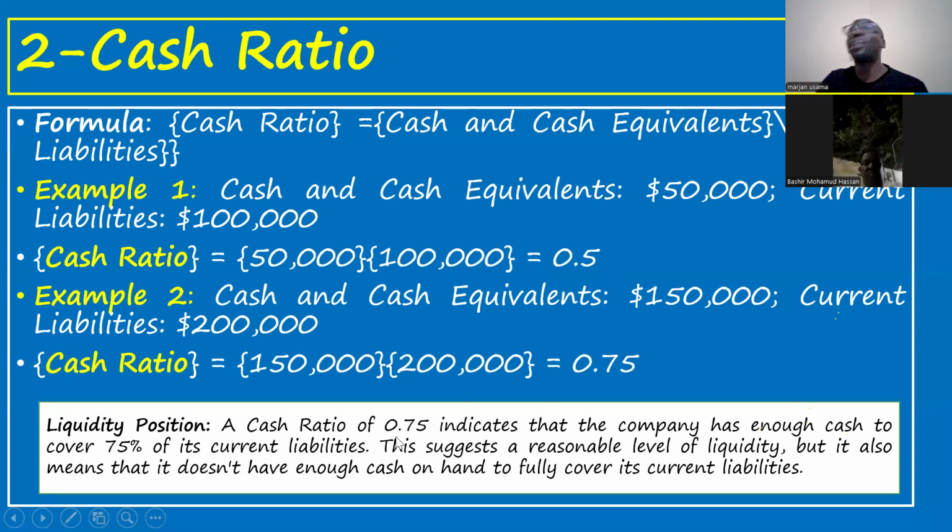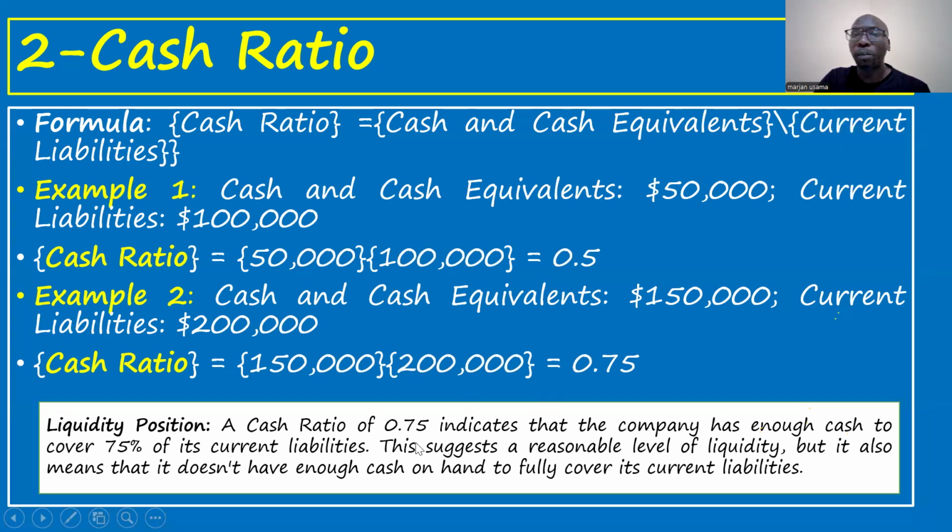So a cash ratio of 0.75 indicates that the company has enough cash to cover 75% of liabilities. And the first example, the 0.5, means that our business has enough cash to cover 50% of the liabilities. So the higher the figure, the better.